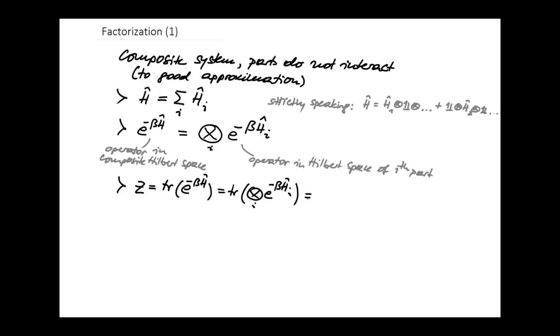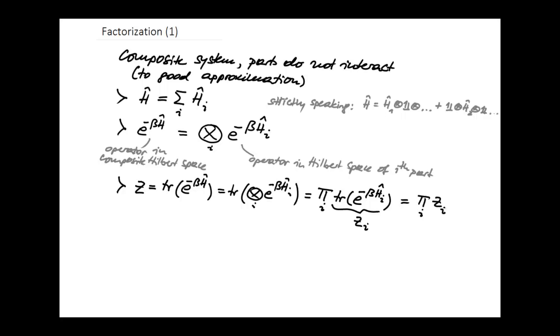So this is the same as the product of the traces of e to the minus beta H_i, where now the traces here are taken in the individual Hilbert spaces of the individual parts. And this you can call the partition function of the ith part. So then you write this as the product of the partition functions of the individual parts. So in this sense you can say that the partition function factorizes.